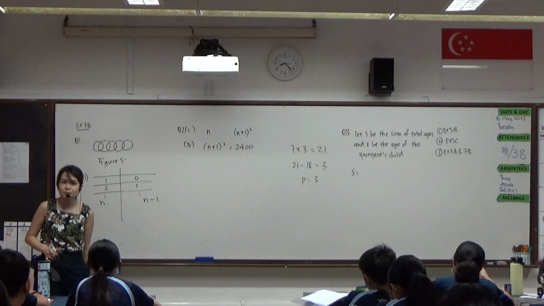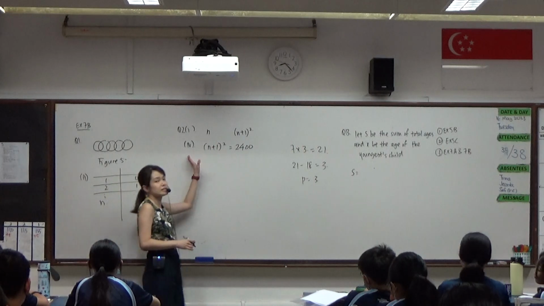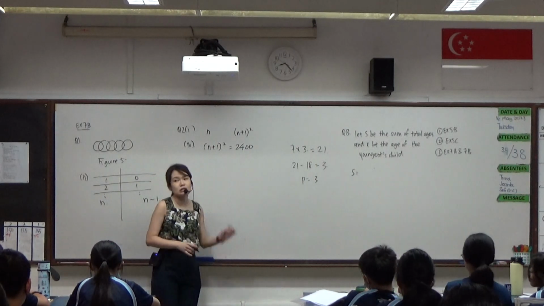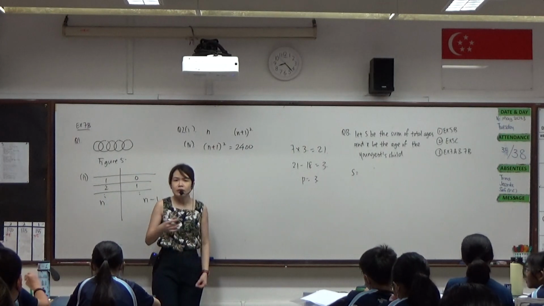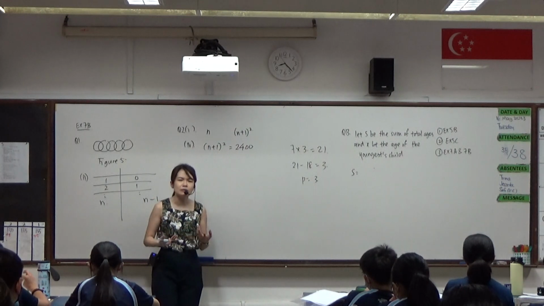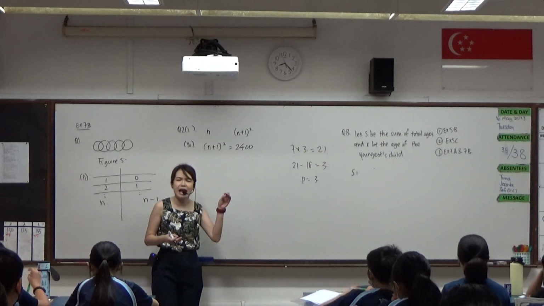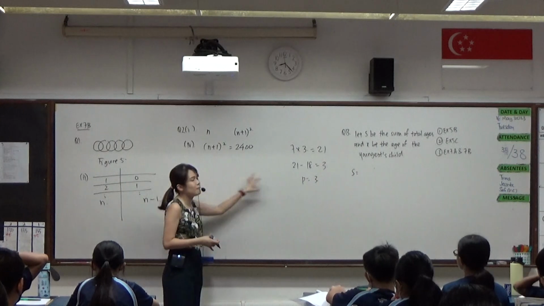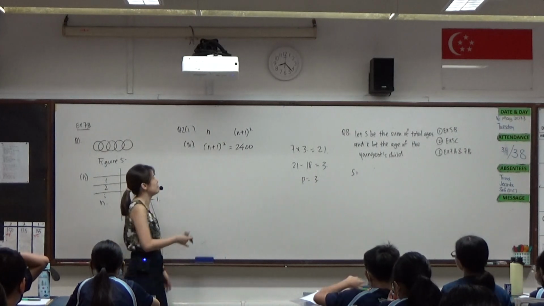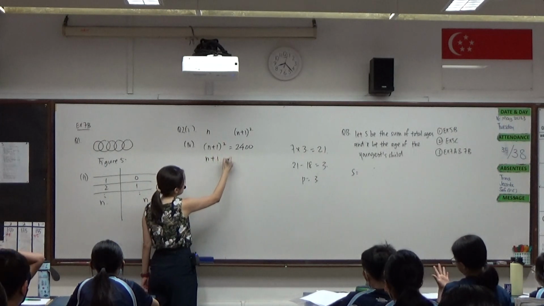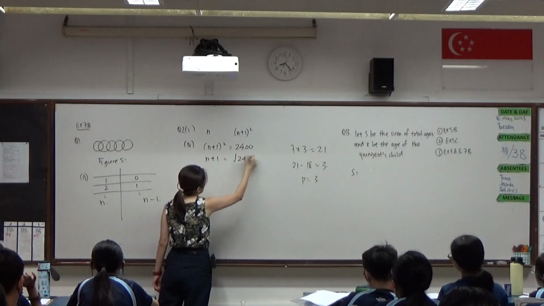Some of you have very bad presentation. You don't give me this equation at all. You directly square root 2,400, and when you do that, there isn't that n at all, and then it compromises your final sentence itself. So n + 1 = √2,400.